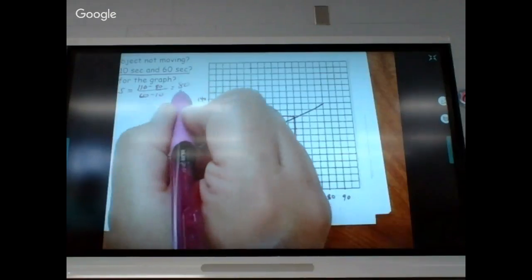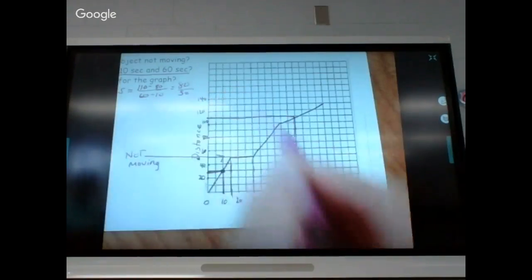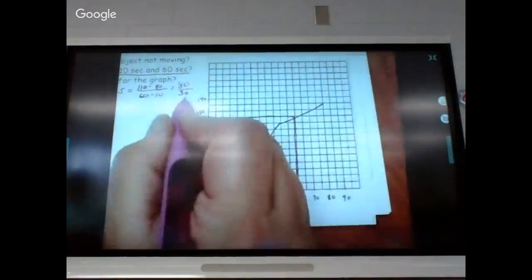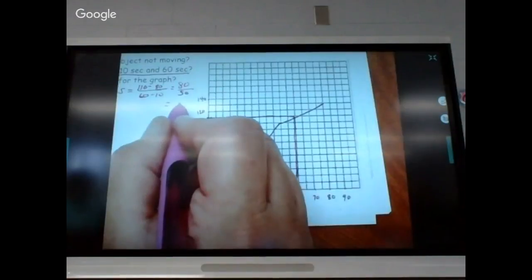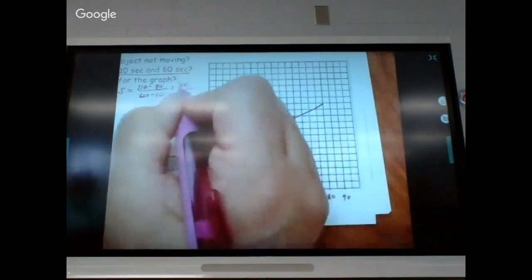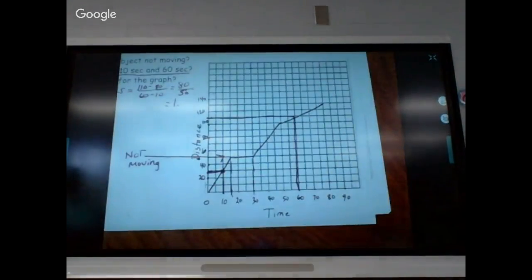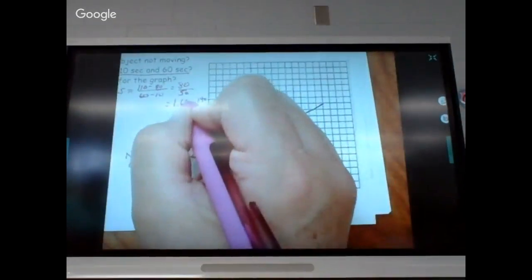And 60 minus 10 is? 50. Okay. So 80 divided by, oh, that's 50. I can't read my own handwriting. That's 50. Somebody divide that for me. What's 80 divided by 50? 1.6 meters per second.